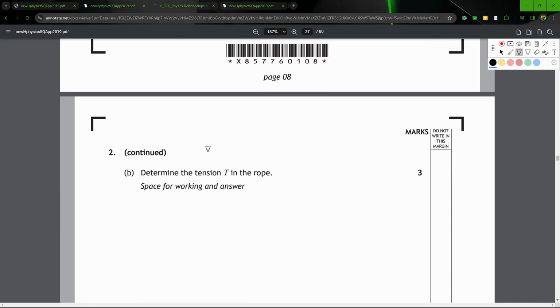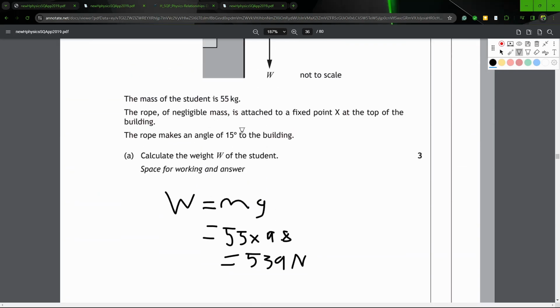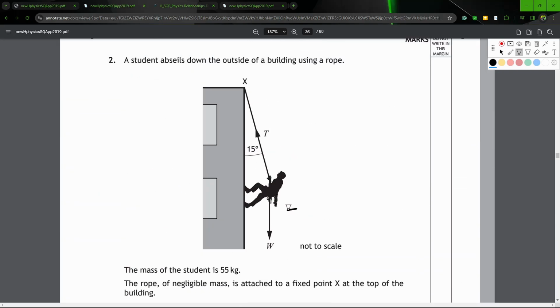Next up, determine the tension T in the rope. Right, so what's going to happen here is, because we're pulling down at 540 odd, roundabouts, 539, but down this way, that's straight down. So what is going to be the tension on this angular bit here?